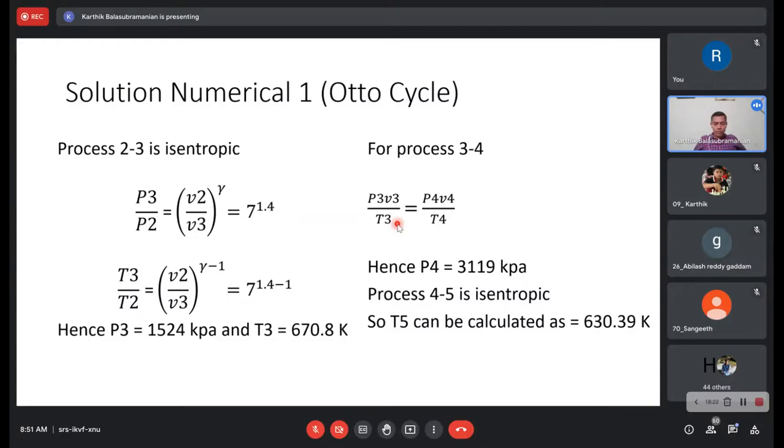Is there any difference in the values? Can someone just confirm?